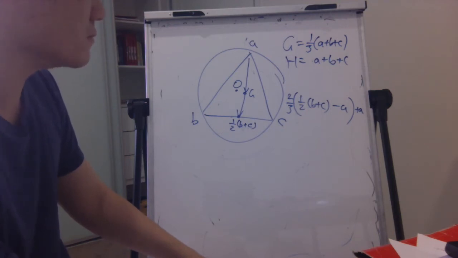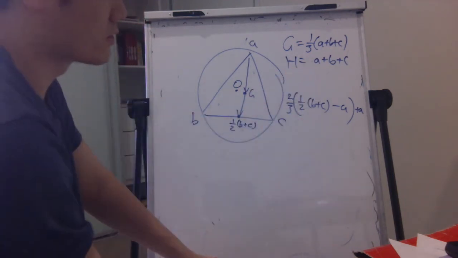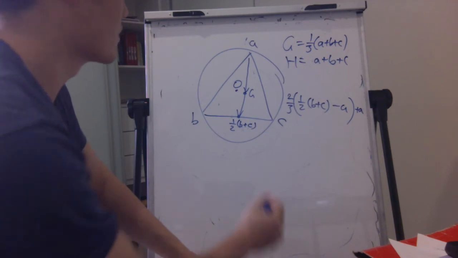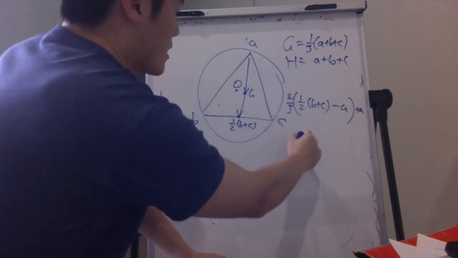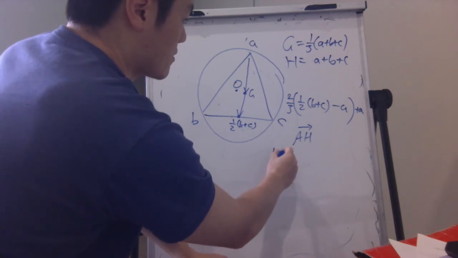Okay, and so one way to check it is you could check it without knowing where it came from. So if you had H, then AH is just B plus C, right?